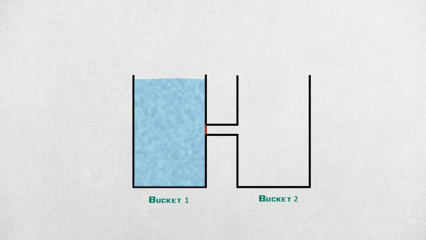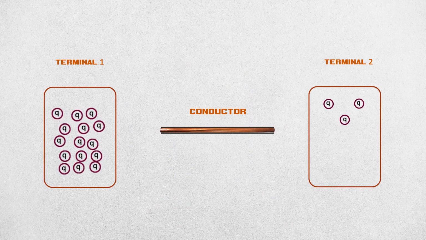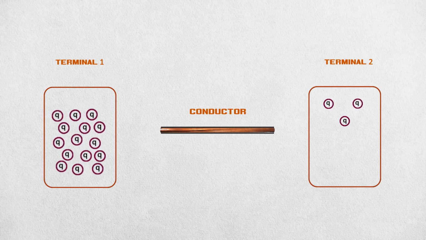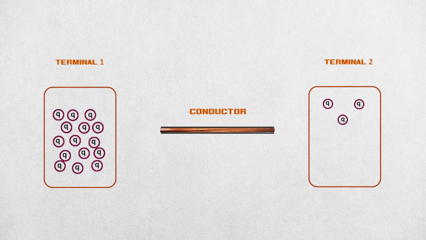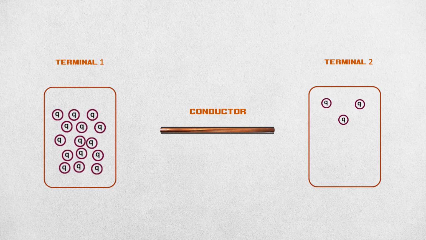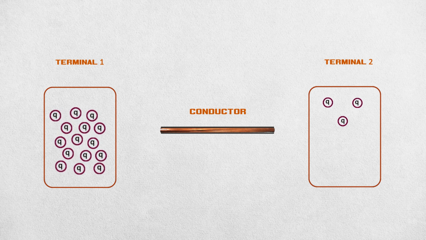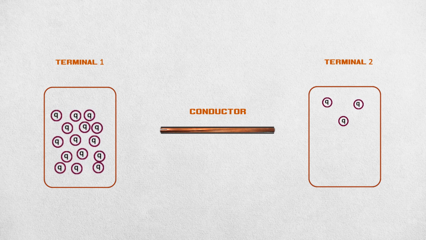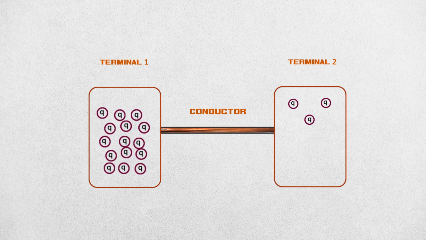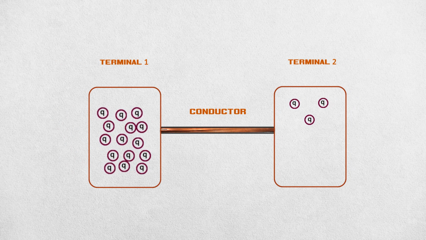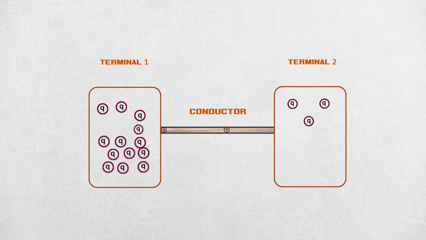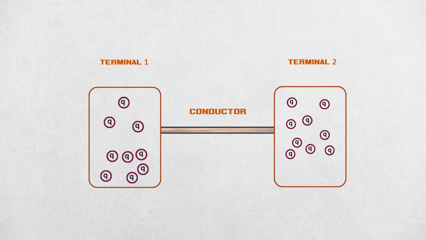Now, in the same way, let us consider the two buckets as two terminals. Terminal 1 is full of electrical charges, and terminal 2 has fewer electric charges. And let the passage be a conductor. When they are connected, due to the difference between the number of electrical charges, these charges flow from one terminal to the other terminal.